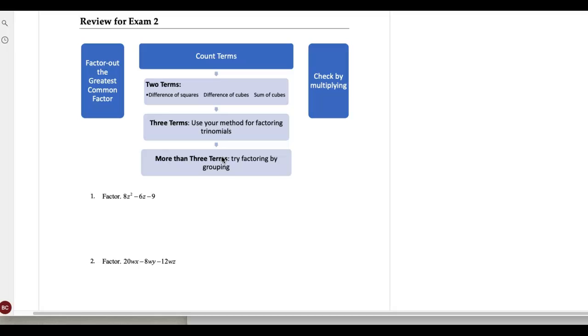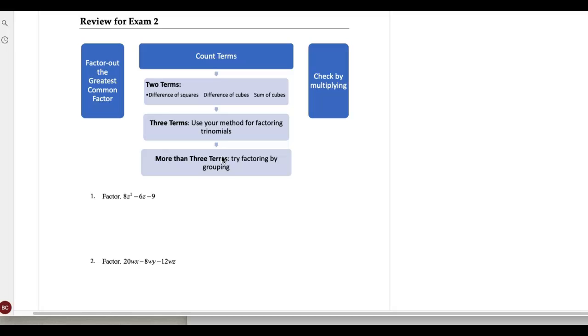If you've learned another method in another class that makes more sense to you, there are so many different ways that you can factor. I just want you to get comfortable with a way to factor these trinomials. I don't want you to think that if you don't do it one of the ways I explained, then you're doing it wrong. No, that is not the case at all. I do want to make sure that's clear.